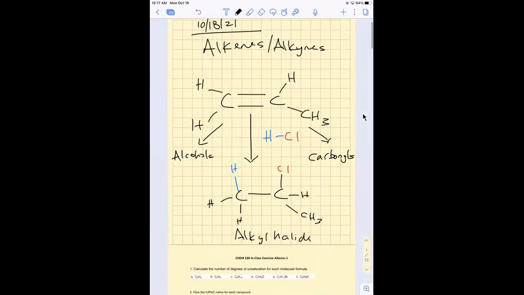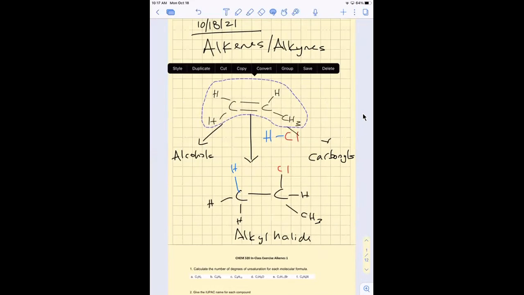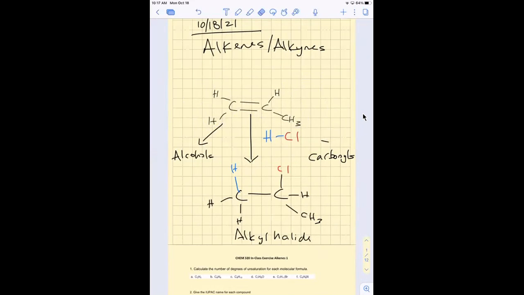There are certain specific sets of reagents that will take an alkene and turn it into a carbonyl.